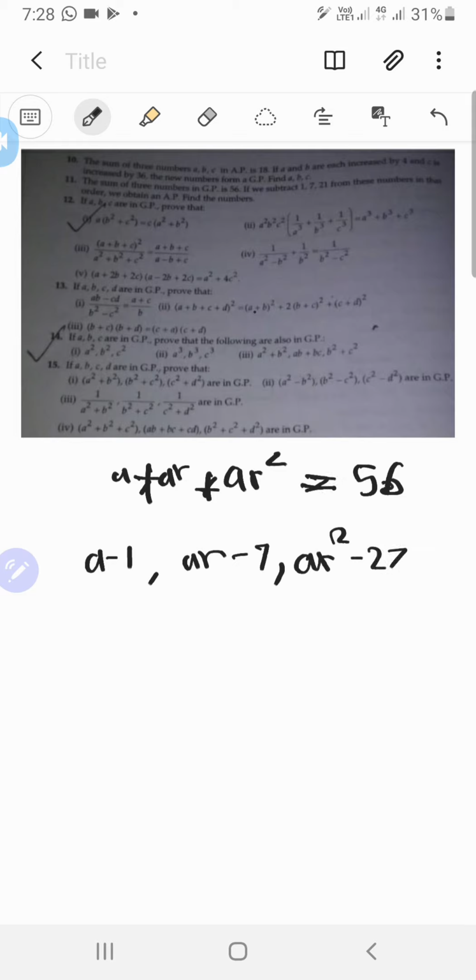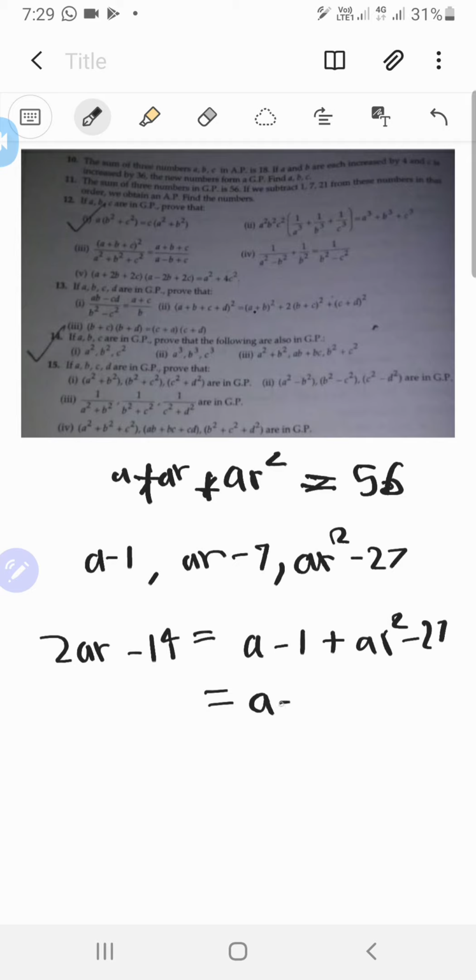okay, then we get an AP, which means that 2AR minus 14 is equal to A minus 1 plus AR squared minus 21, which is going to be A minus 1, A plus AR squared minus 22. That's nice. So this becomes minus 14. Okay, what do we get from that?